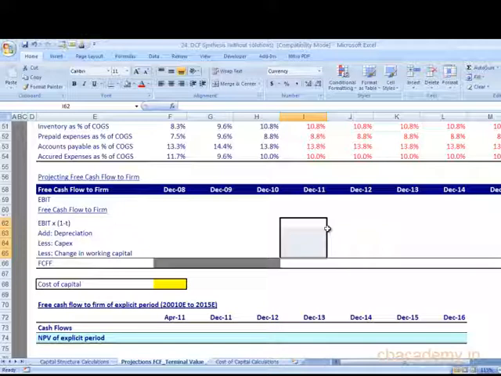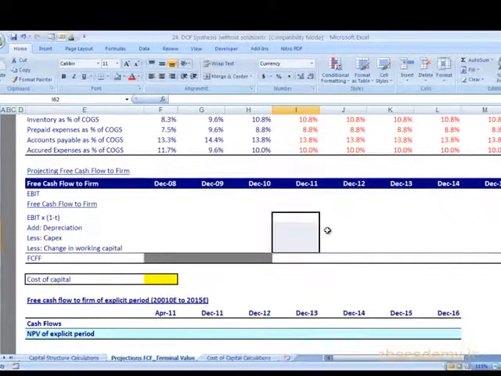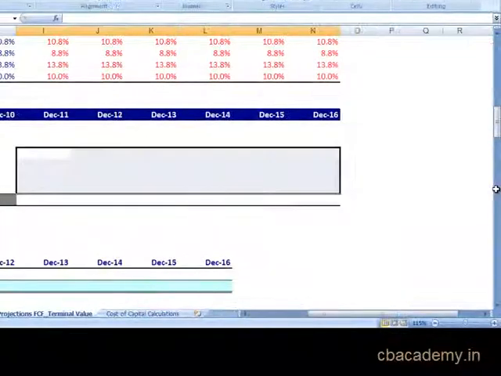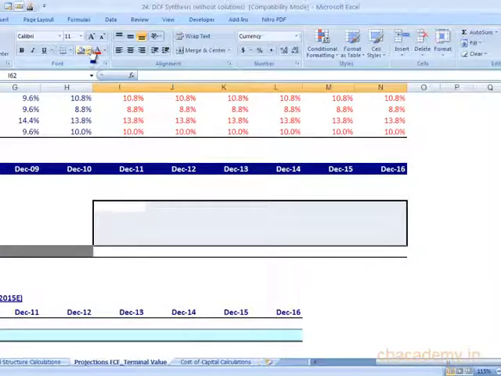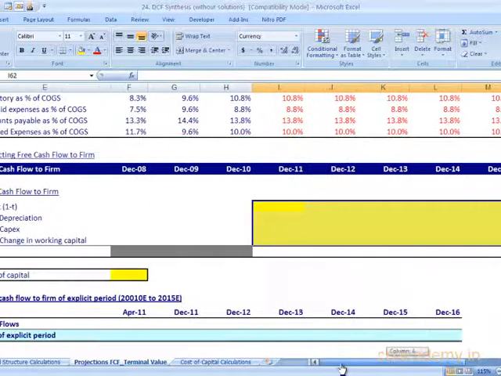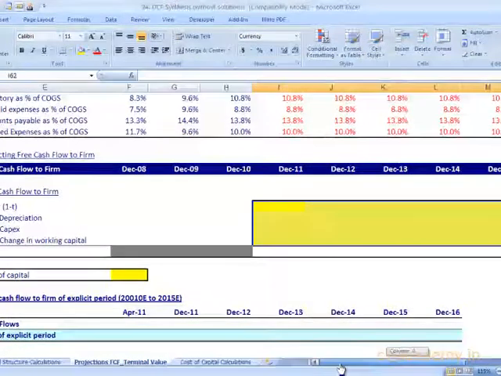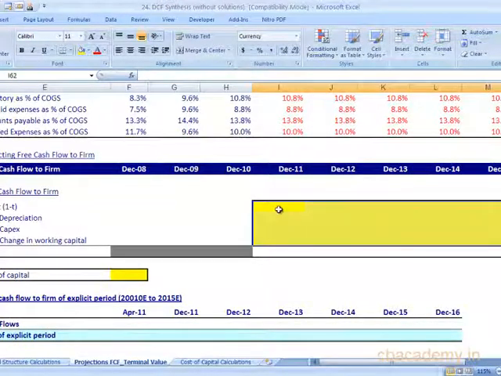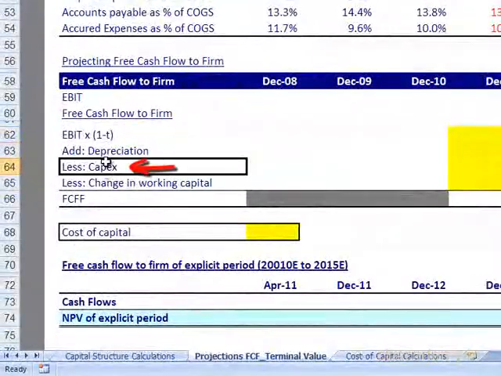So at the end of the day, you need to forecast these set of numbers, because you want to do a projected free cash flow to the firm which you can discount to find the intrinsic value of company ABC. So this is what we are going to do: forecast all these individual numbers one by one.